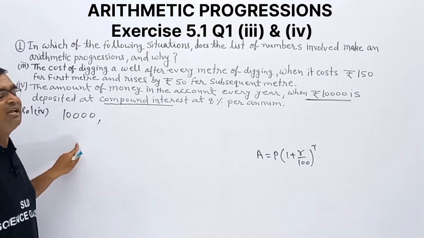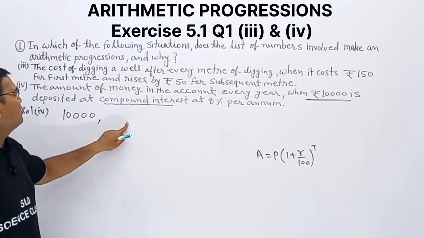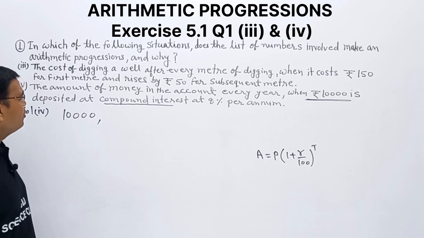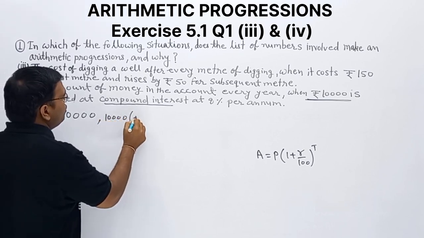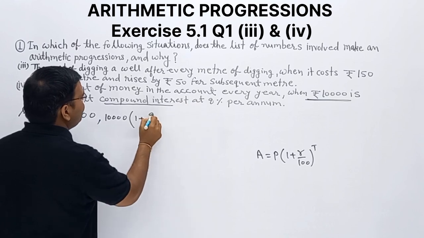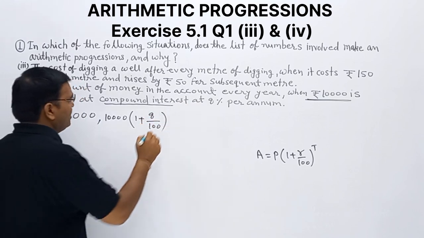Initially we have 10,000, which is the principal amount. After 1 year, how will we write the amount? 10,000 into 1 plus 8 divided by 100, with time period 1 year.